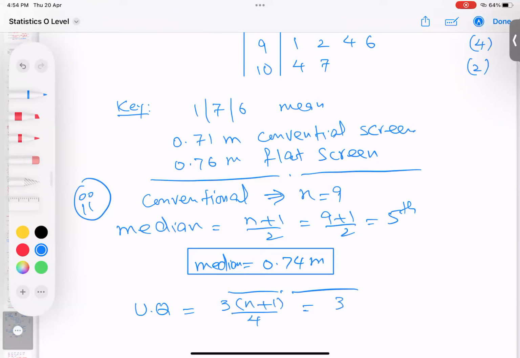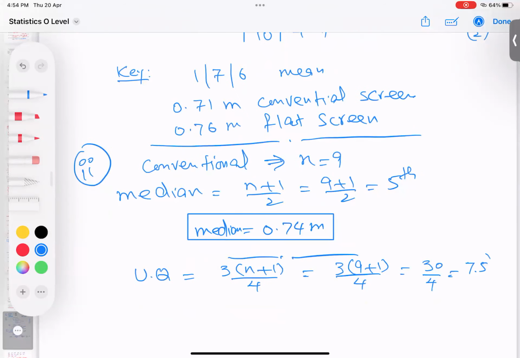And 3 times 9 plus 1, 10, so 30 divided by 4. So 7, 4 7s are 28, and 2 left. I think 7.5 is coming.